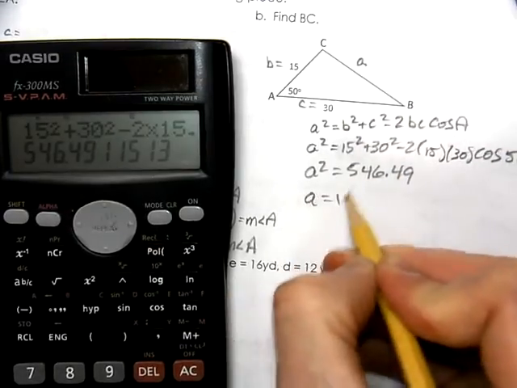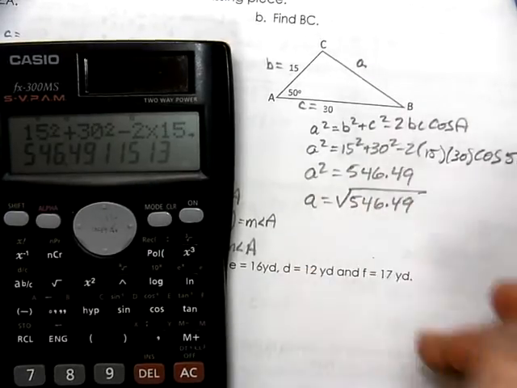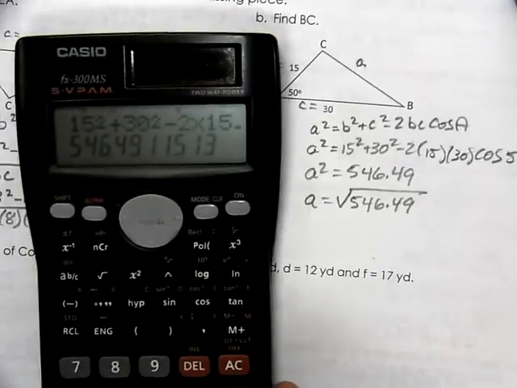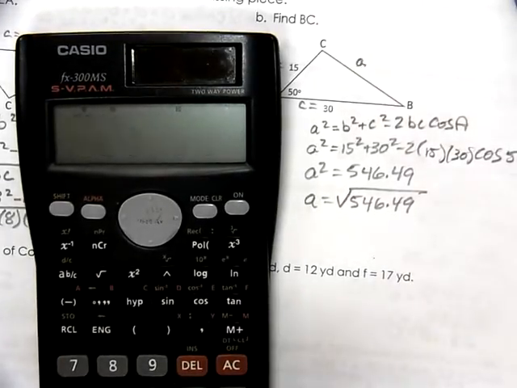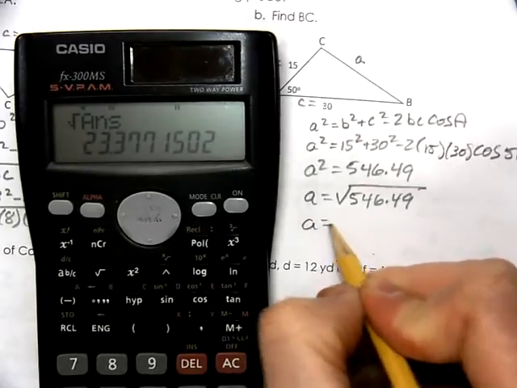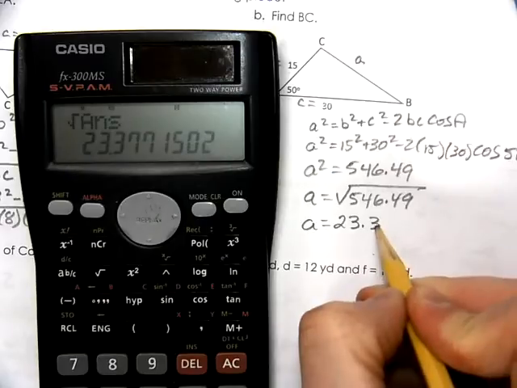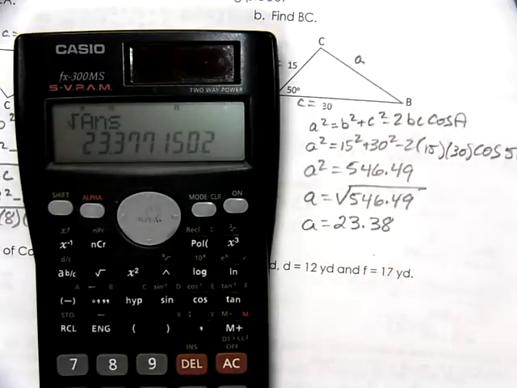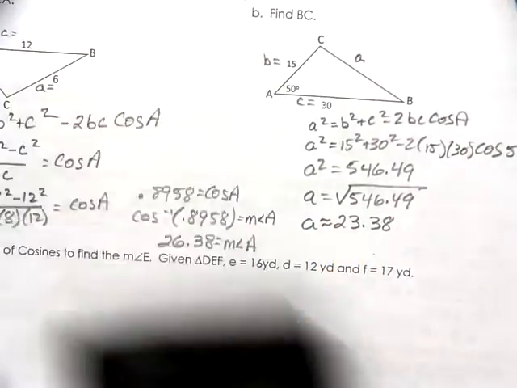Now when you take the square root of that, writing down those 5 numbers is just fine, but be sure your calculation is with the answer button, so that A is going to equal 23.38. If you want to use approximate symbols, you're welcome to do that.